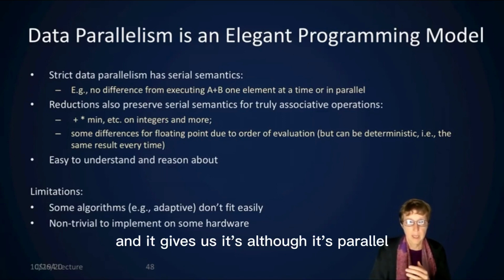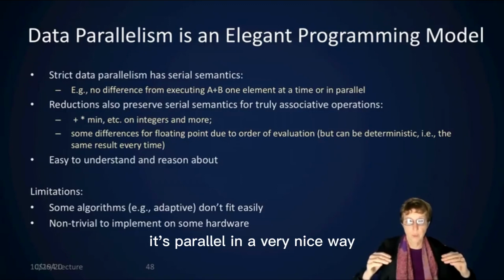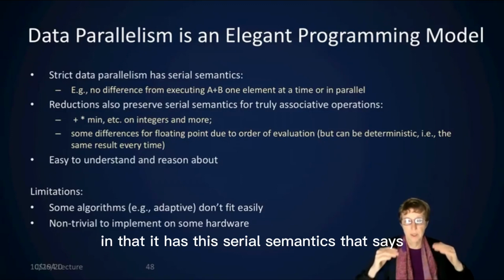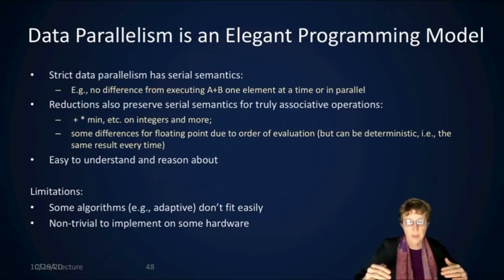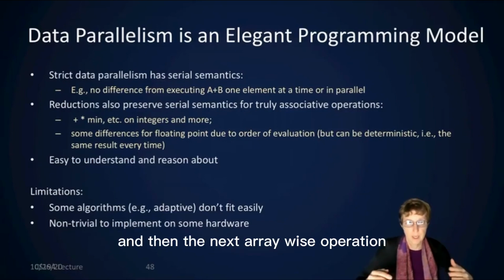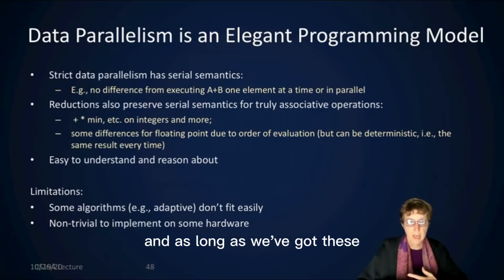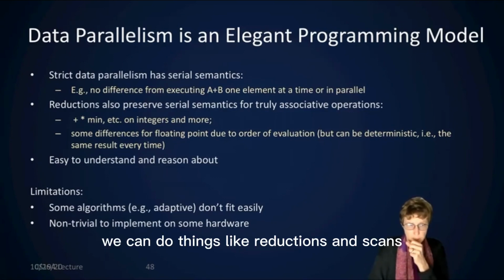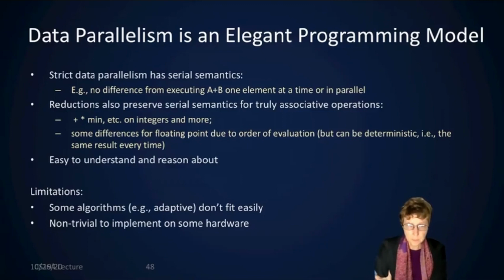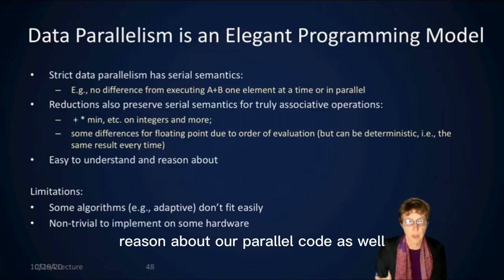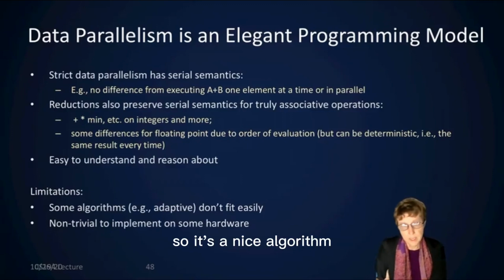And it's parallel in a very nice way in that it has this serial semantics that says, well, we do one array-wise operation and then the next array-wise operation. And as long as we've got these associative operators, we can do things like reductions and scans. And so it makes it much easier to reason about our parallel code as well. So it's a nice algorithm.